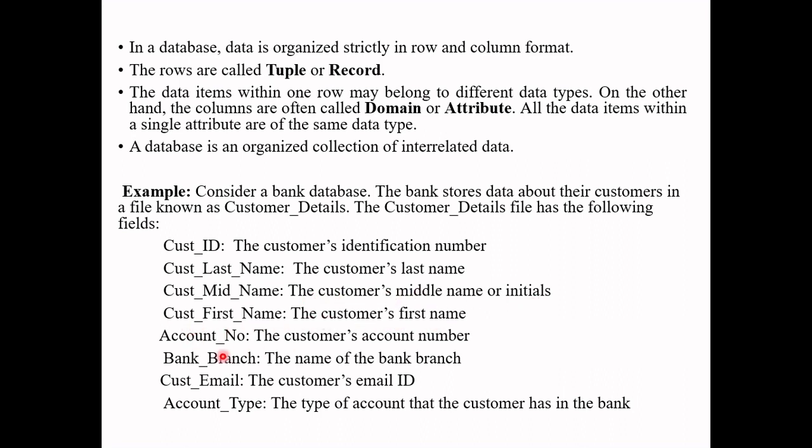Then account number stores the customer's account number, bank branch stores the customer's branch name, customer email address stores the customer's email address, and account type says which type of account the customer has. So these are all the columns of the table customer detail: customer ID, last name, middle name, first name, account number, bank branch, customer email address, and account type.